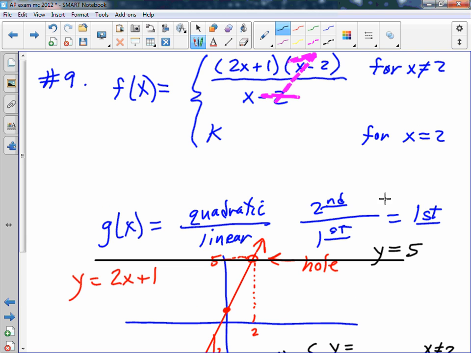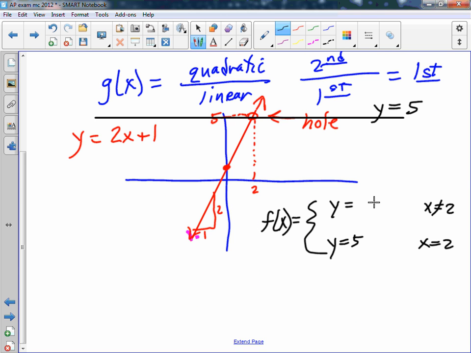I can't even remember what we had. 2x plus 1, I knew that. 2x plus 1 times x minus 2 over x minus 2. And in this case, we would say, all right, what value of k makes that work? And we just say k equals 5. And that should have been one of your choices in the multiple choice. What was it? E?